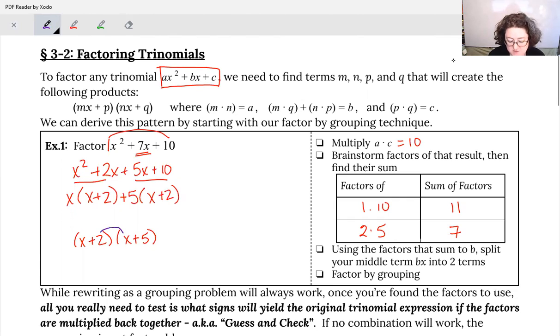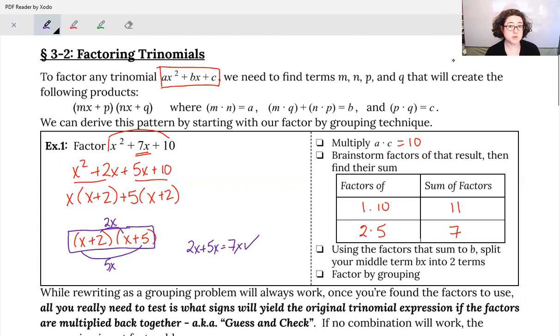Look at what happens when you multiply the middle two terms, which gives a positive 2x, and the front and last terms, which gives 5x. Put together, 2x plus 5x gives that 7x in the middle, and that's how I know this factoring is correct.